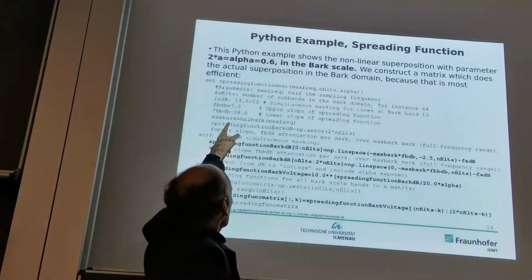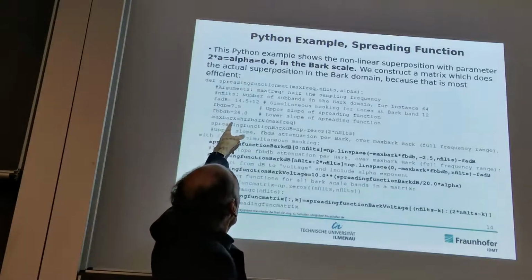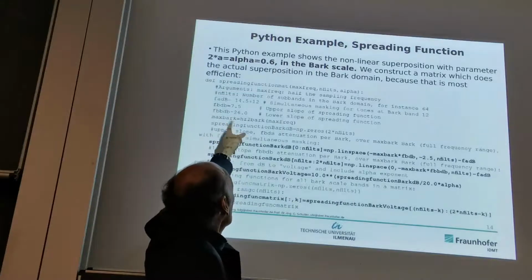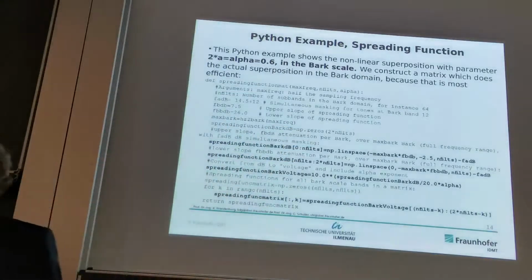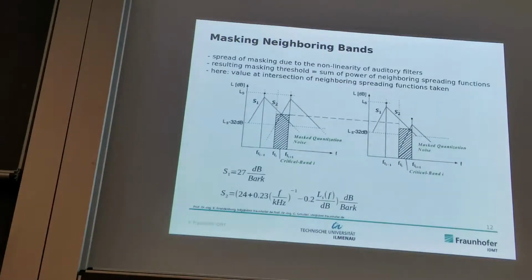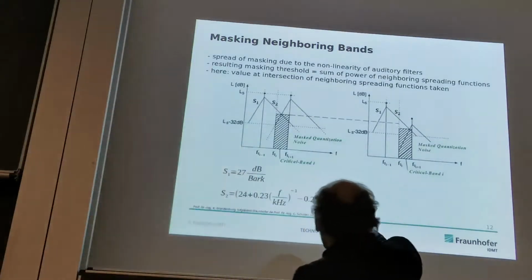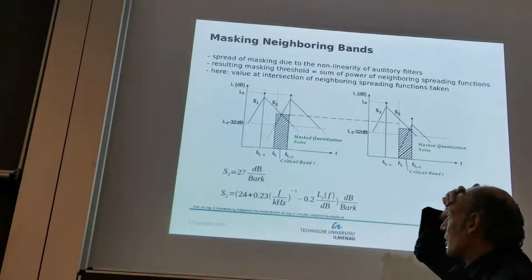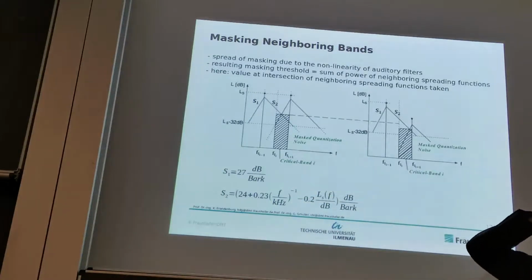So here this FBDB 7.5 you basically obtain by plugging in some dB number here. So for instance, if you have 40 dB, 0.2 times 40 is how much? 8, I guess, right?